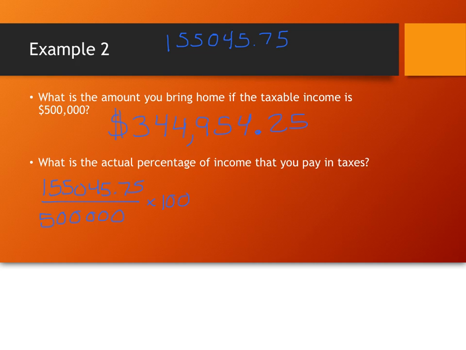And so I got roughly 31.01%. Again, if you round this to 2 decimal places. So you see, as we made more money, we did pay a higher percentage on our taxes.